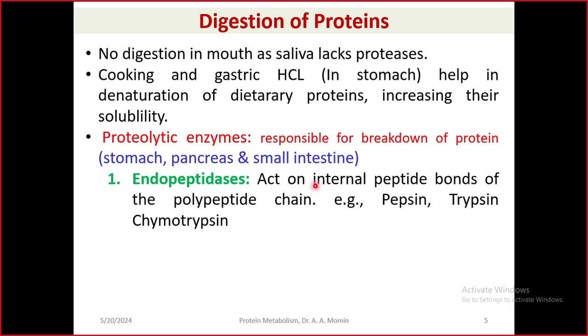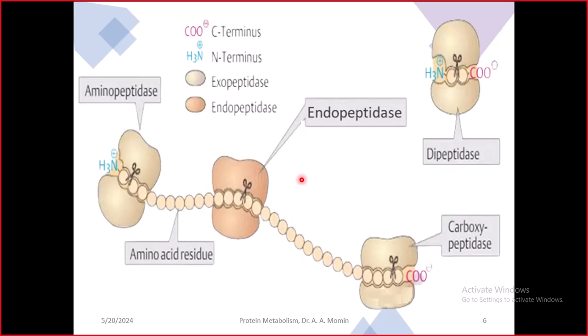Endopeptidases are those which act on internal peptide bonds of the polypeptide chain. I will show you the figure. As you can see in this figure, this is the polypeptide chain, and all the peptidase enzymes are classified either into endopeptidases or exopeptidases. The endopeptidases can act on the peptide bond in the middle of the protein, not at the end.